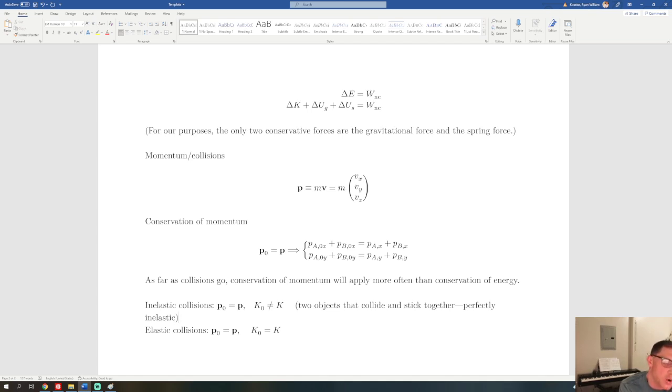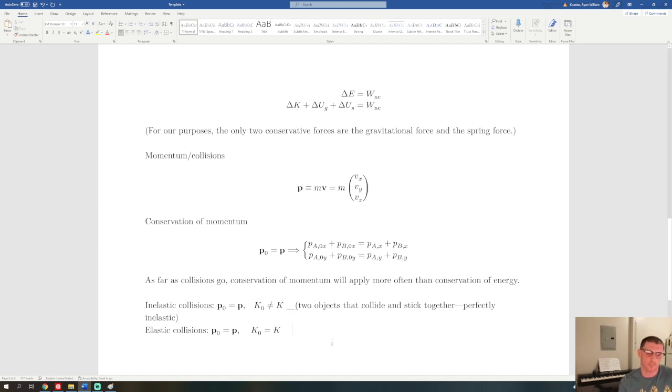Because we know that if two objects collide and stick together, we can't apply conservation of energy. That is very important to remember. But notice that for both of these cases, conservation of momentum works, but conservation of energy doesn't for both. So just be good with that.